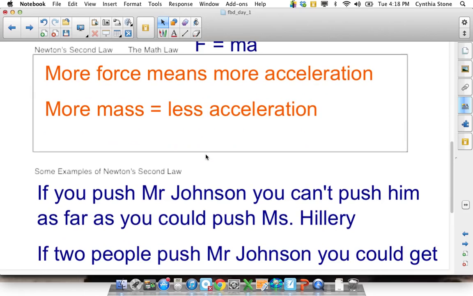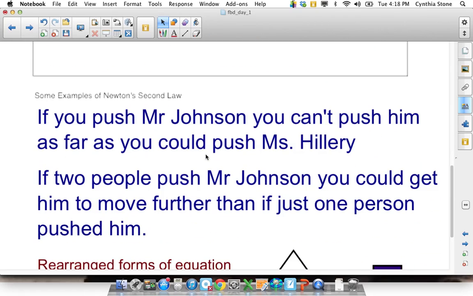My example of Newton's second law is if you ran up to Johnson with a certain amount of force, say all the force you've got, everything you can, and you run into him, you probably won't be able to push him at all. But if you can, it won't be very far. Right, Mr. Randy Johnson? But if you run up to Miss Hillary, poor Miss Hillary, with all your force and all your might, she'll go flying. And why is that? Because she's small, he's big.